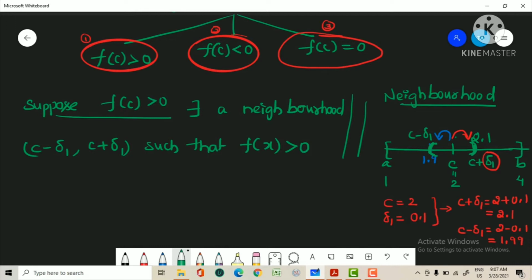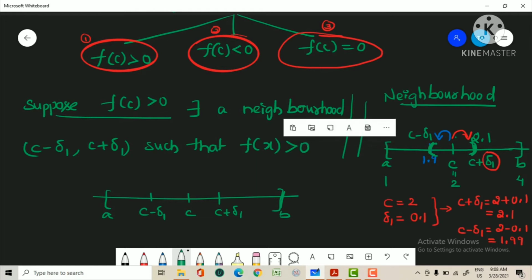Now let me write that here again. This is my A, this is my B, okay, this is C, this is C plus delta 1, this is C minus delta 1.